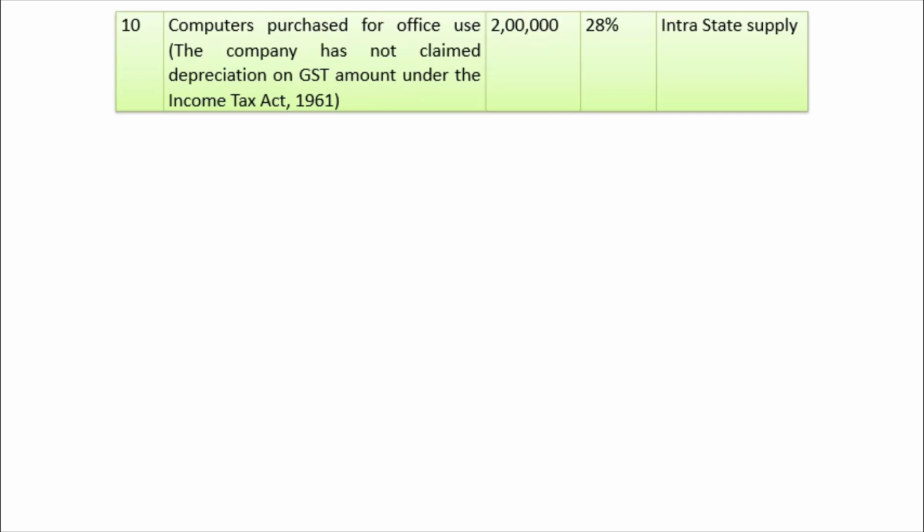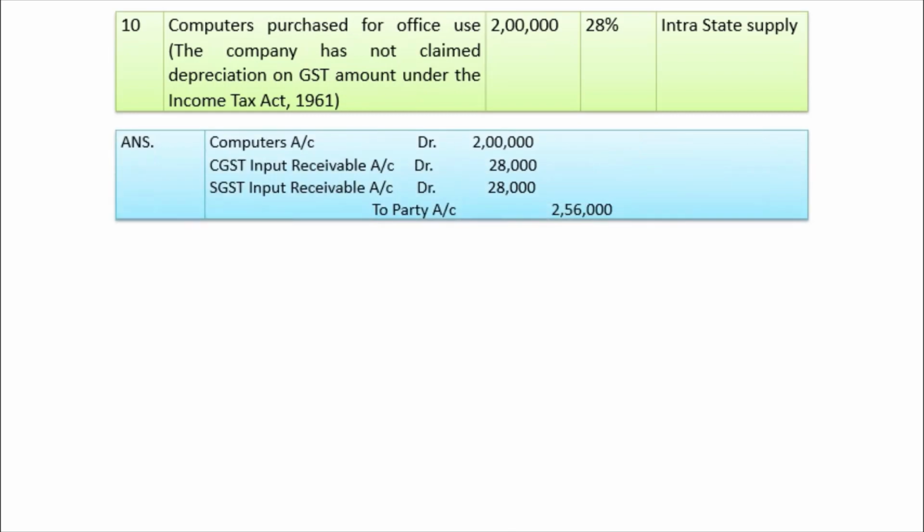But before writing it, we have to identify whether credit is available or not. This exercise is useful only when credit is available. Otherwise, we have to add the total GST amount into the cost price of the computer. Here, the situation is like that. The company has not claimed depreciation on GST amount under the Income Tax Act 1961.